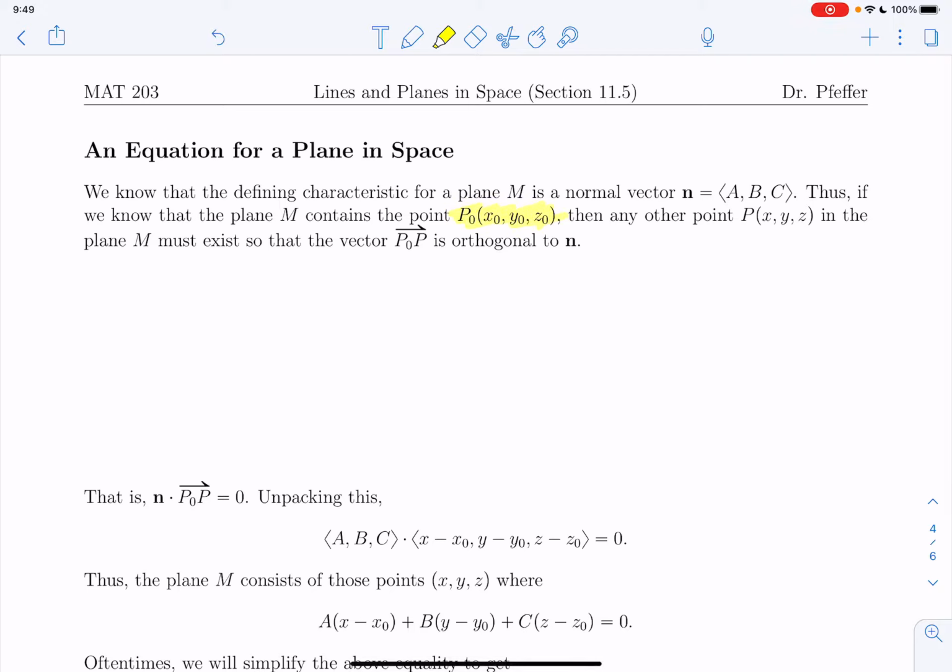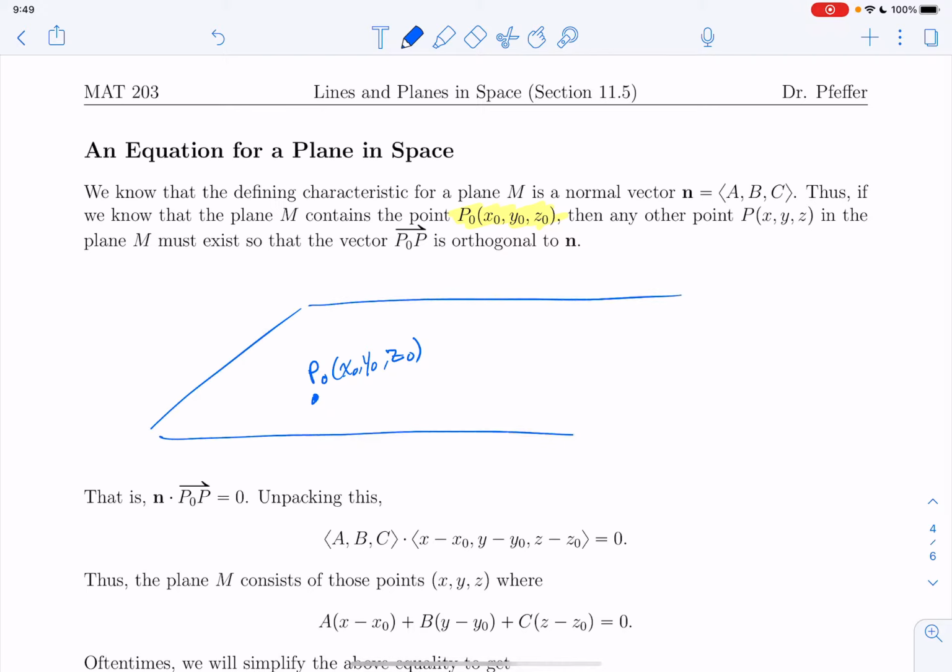If we were to draw a picture here, we might have something like the following. Here's a point P naught, and we suppose that it lives on this plane. Then this plane not only contains this point P naught, but a normal vector n, in this case, points straight up because we've drawn our plane flat.